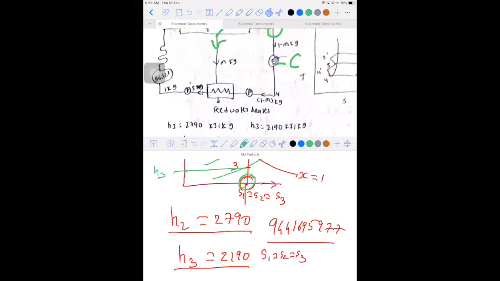I'm asking about S1. Yes, people are giving 2790. Very good, sir. S1 is 6.88. Nice, sir. We are going to use that also. 6.88 kilojoule per kg Kelvin.